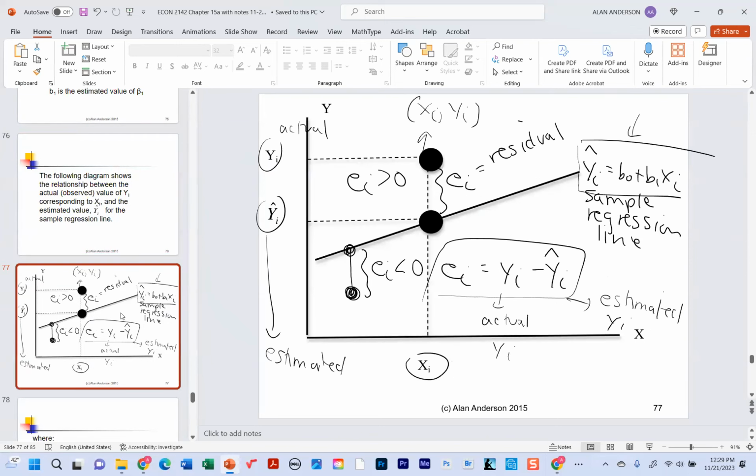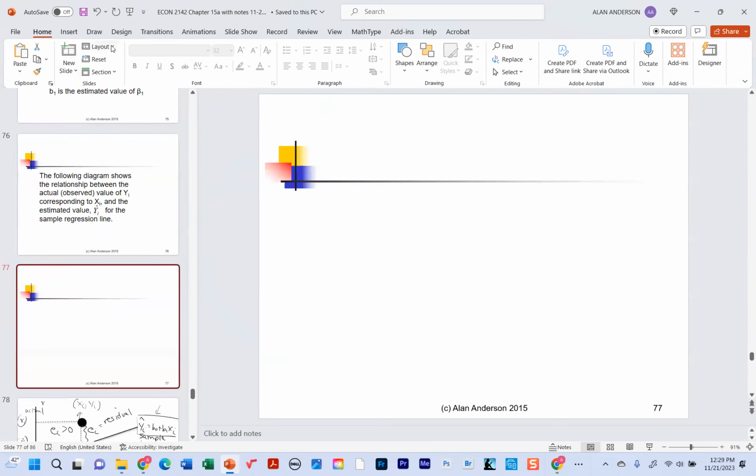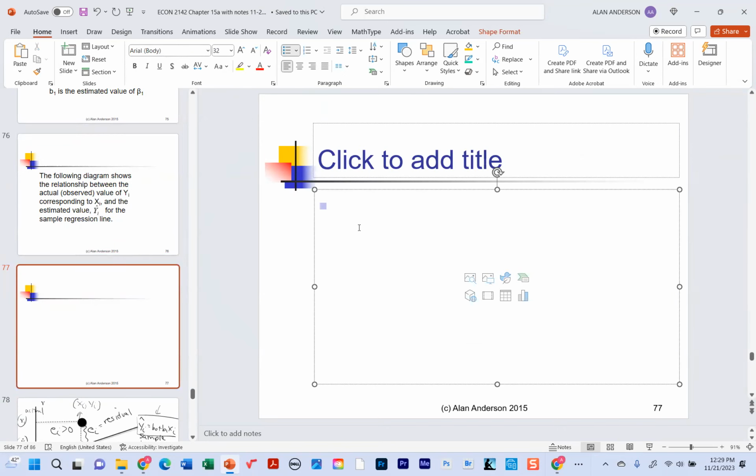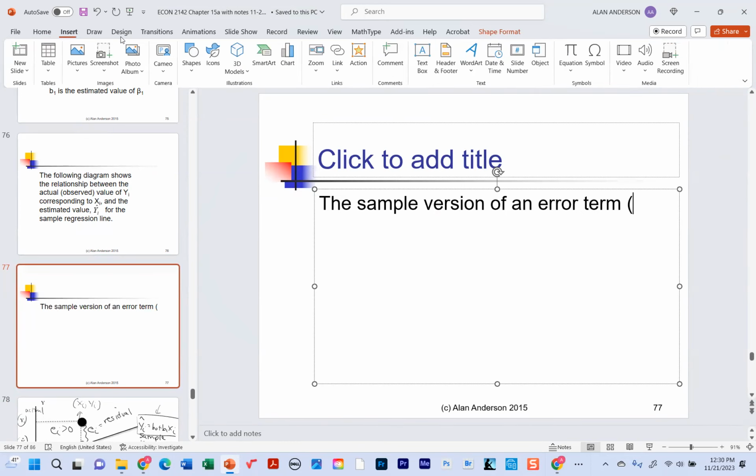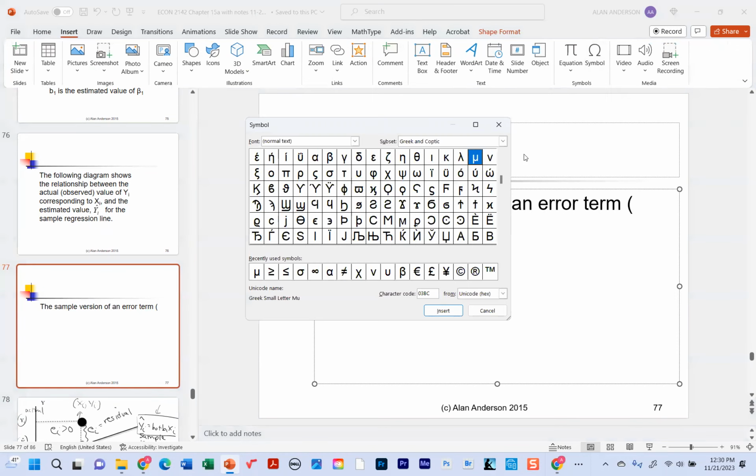The corresponding sample error term, actually, let me throw this in here. The sample version of the error term. Remember, we've written it as epsilon i. Oh no, where is it? Here it is.